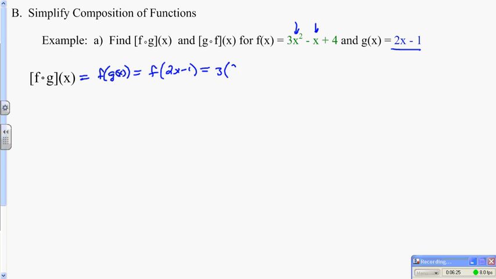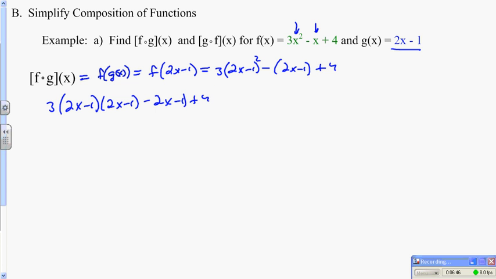So 3 times 2x minus 1 squared minus 2x minus 1 plus 4. That means 2x minus 1 times 2x minus 1 minus 2x minus 1 plus 4.